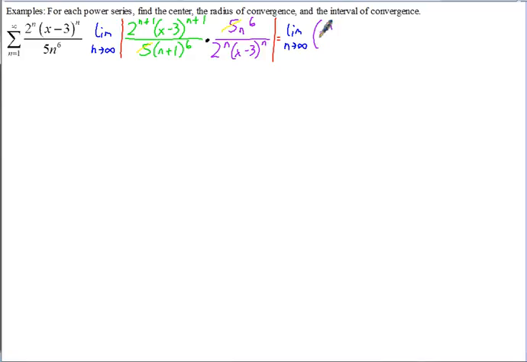Again, they're raised to the same exponent, so that's the same as n over n plus 1 to the 6th. But in this one, we also have 2 to the n plus 1 and 2 to the n. So you can see, they cancel out if you subtract the exponents and just leave you with a 2 on the numerator, which also is not affected by the absolute value because it's positive.